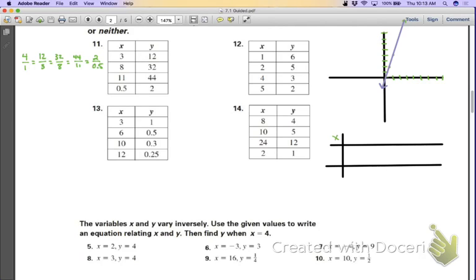Or like if you would need to put in another table. Here's my x and here's my y. I had 3 and I had 12. So if it's at 2, where am I going to be? Then I had 1 and 4, right?